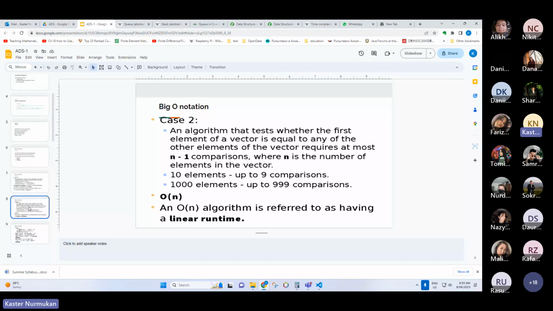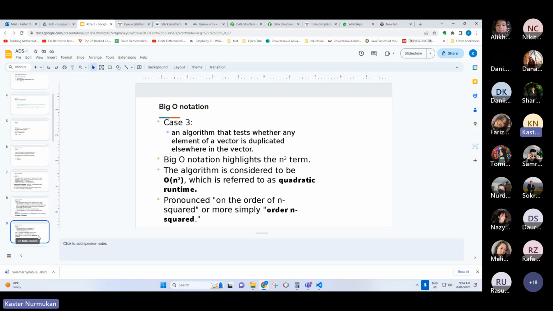Okay, so it means for 10 elements we have to compare 9 times, for 100 elements we have to compare 99 times. So that's being called linear representation, or in mathematics we call it O(n), or sometimes we call it linear runtime. The algorithm operation is linear runtime. Okay, so it should be understandable.